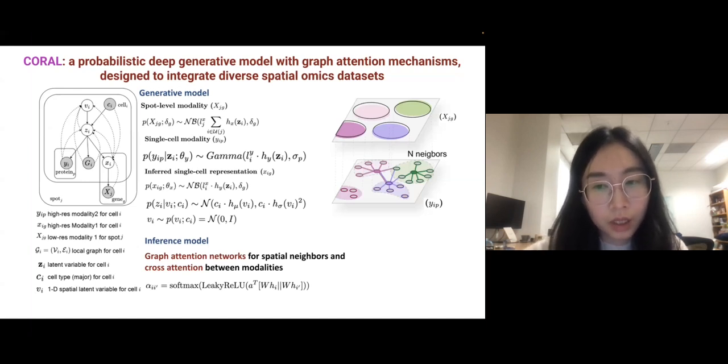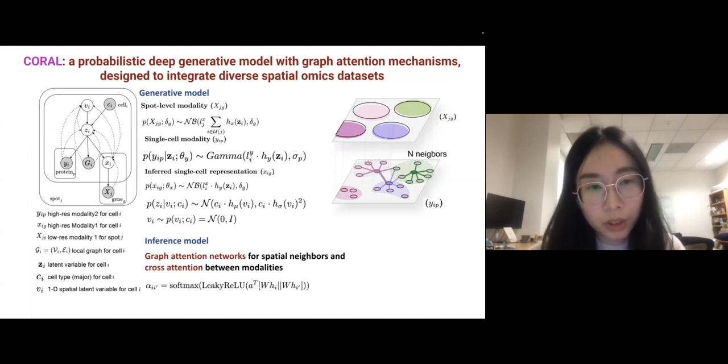So we have information from other nodes. So the graph attention networks are able to help in the inference part for inferring the spatial variable here, mostly related to ZI.